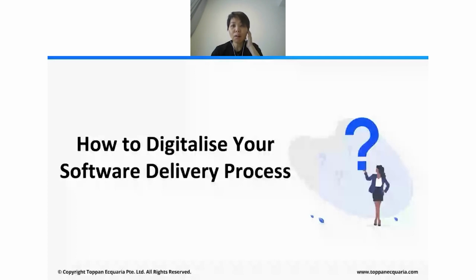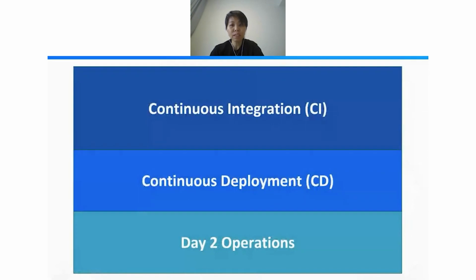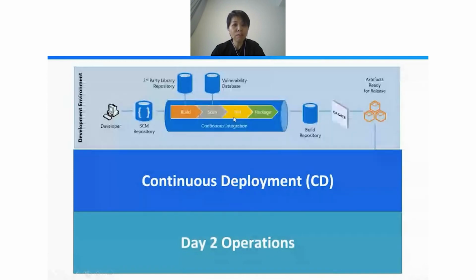Now, just now we talked about the what and the why. Now let's talk about how to digitalize your software delivery process. Okay, we can digitalize your software delivery process in 3 different areas. The first one is the continuous integration, or we also call it, in short, CI. Now, this is usually in your development environment, okay, where we will automate the build, the scan, test, and then finally package them into deployment artifacts.